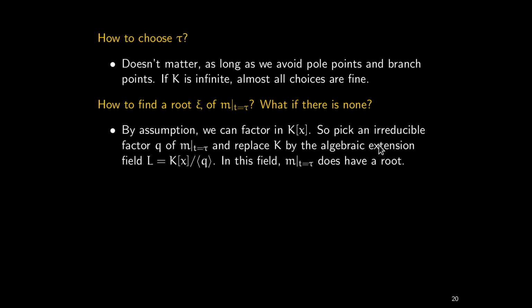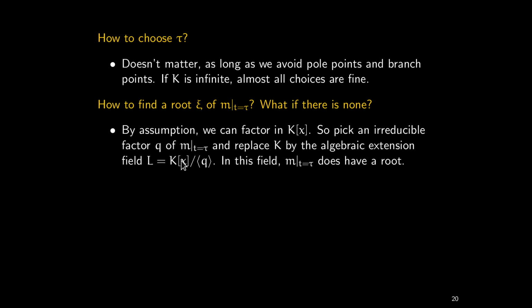Now we can assume that we can factor polynomials over k. So you can take this polynomial and factor it, and take an irreducible factor q of it, and then you extend the field by a formal root of this polynomial. So this polynomial may not be irreducible, but this one is, and you can find it by assumption.